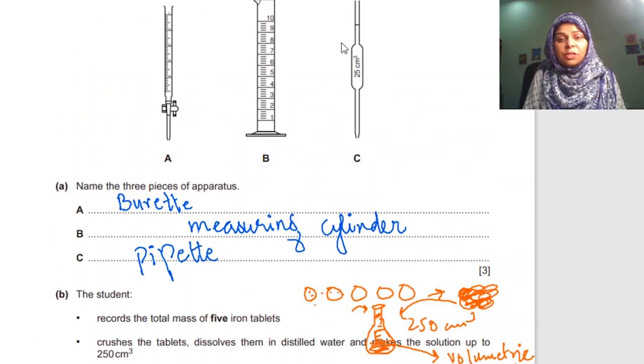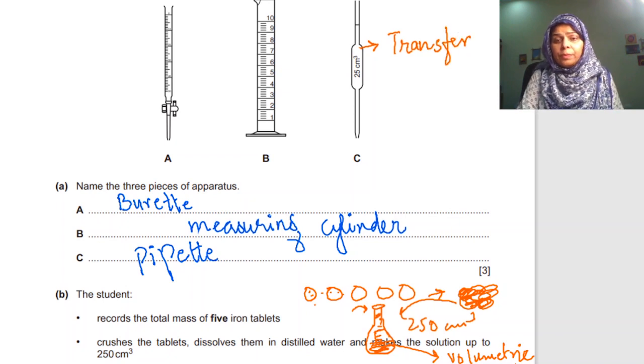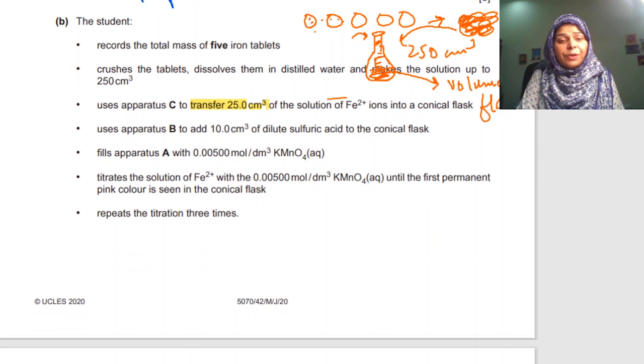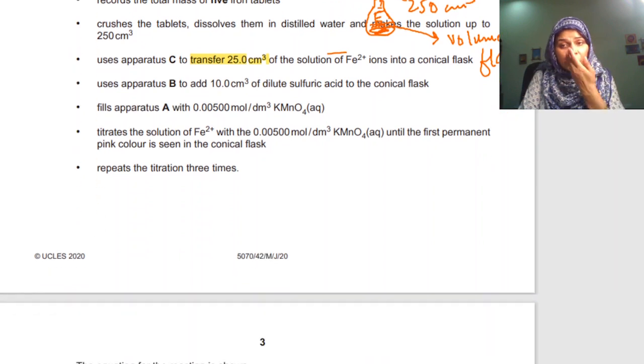This apparatus is used to transfer 25 centimeter cube into the conical flask.